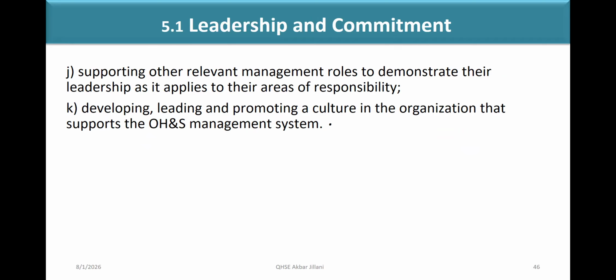Supporting other relevant management roles to demonstrate their leadership as it applies to their areas of responsibility. Developing leadership and promoting a culture in the organization that supports the OHS management system.